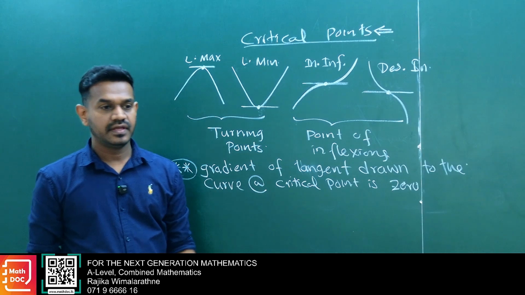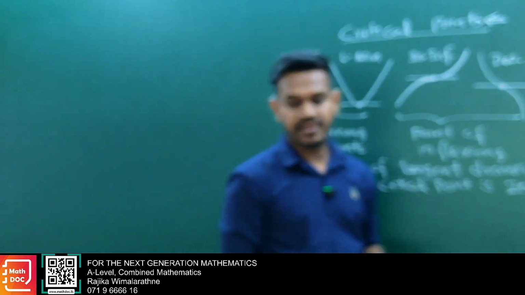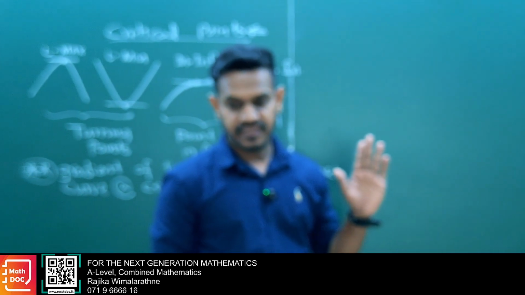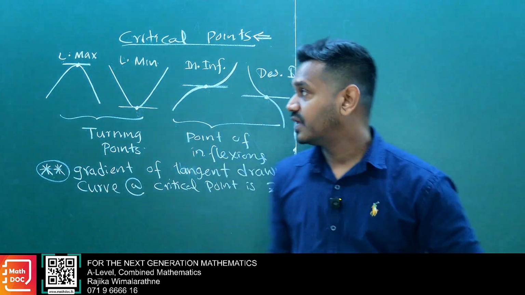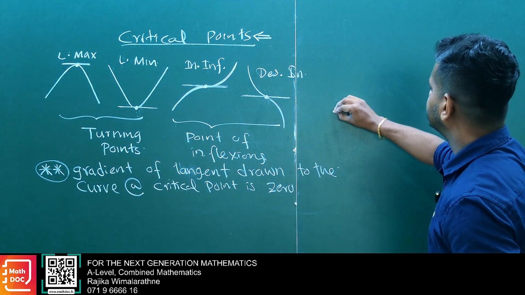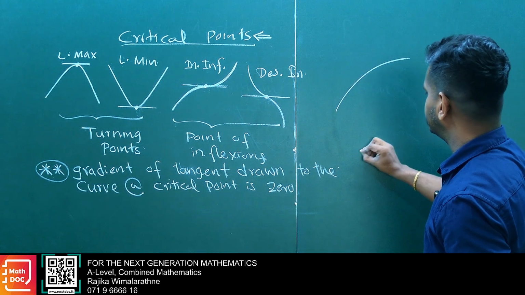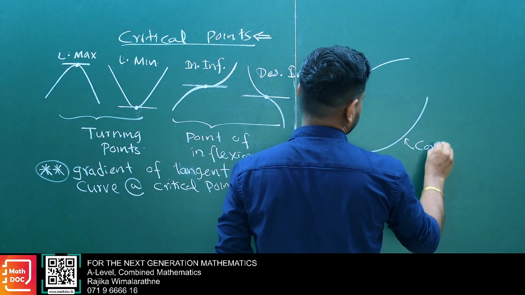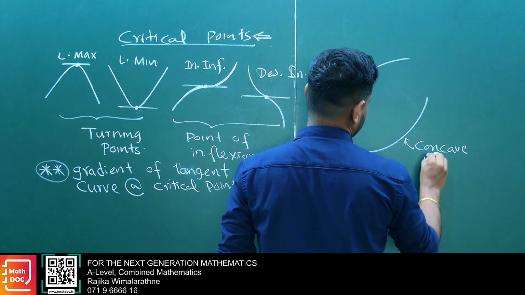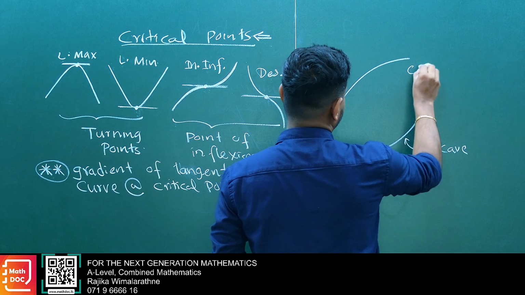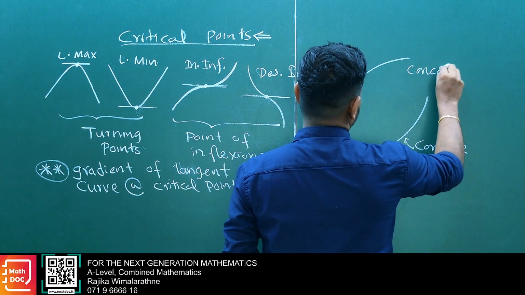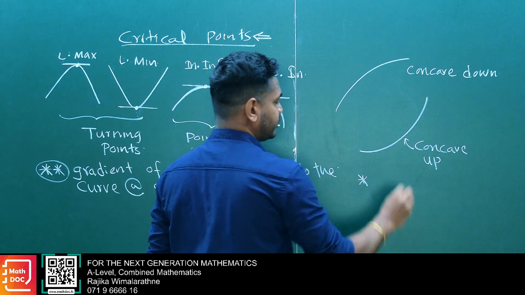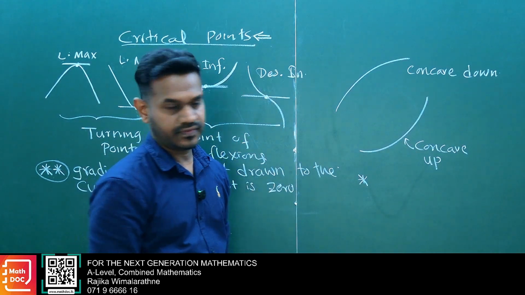Okay. Now same time put this on as well. Take this. So here this type concave down, here this type concave up. Concave up, concave down. Here concavity we check by second derivative.